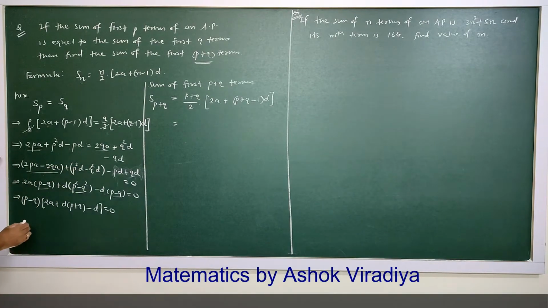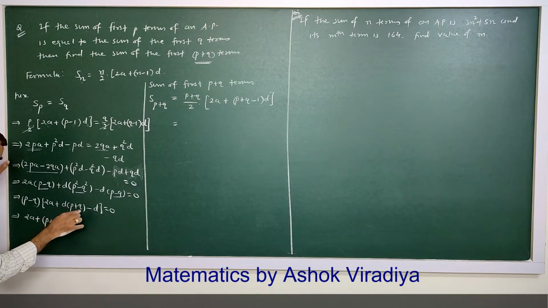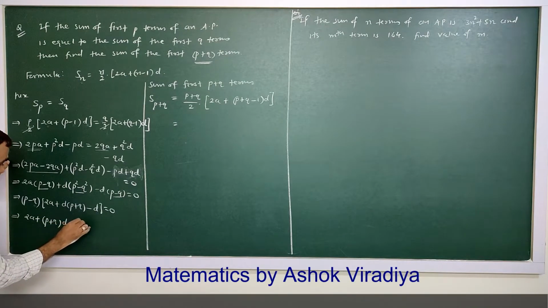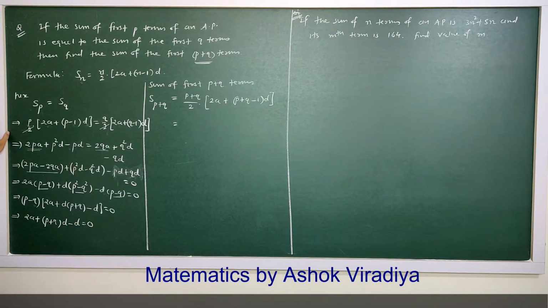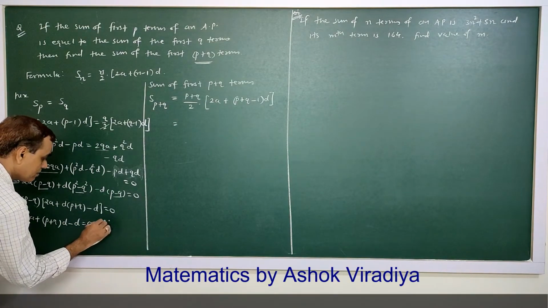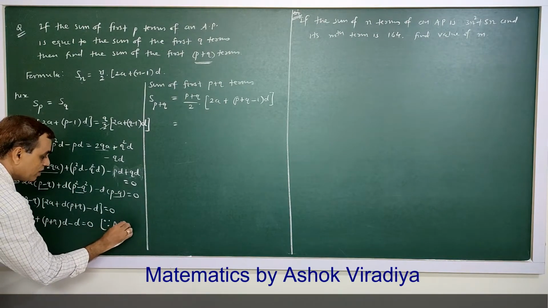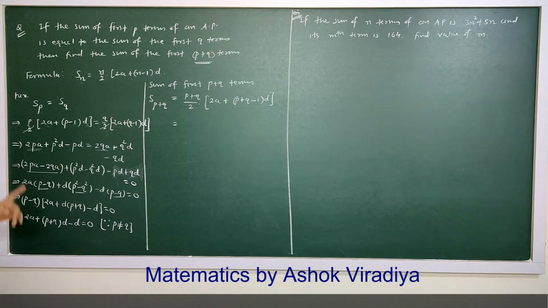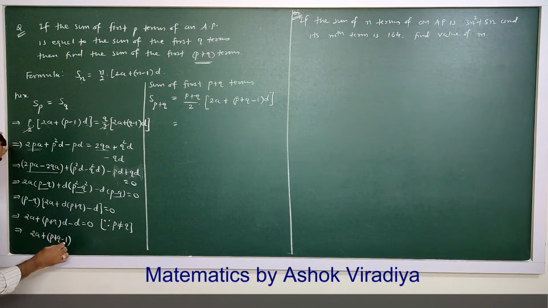So dividing this by p minus q, because p is not equal to q, so p minus q is not 0, we get 2a plus p plus q minus 1 into d is 0.